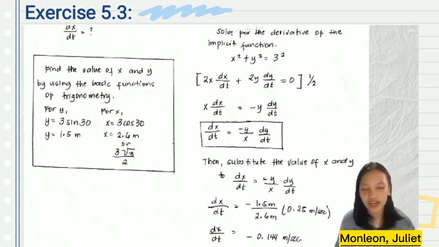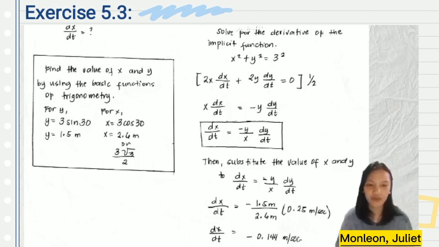So we have x times the derivative of x with respect to t is equal to negative y times the derivative of y with respect to t. So we separate the x and y in this process.